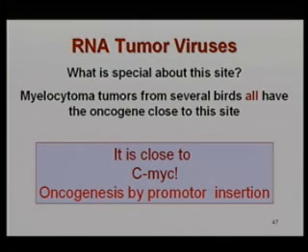But in this case, that super promoter is being inserted and taking over the control of this rather benign gene that you need for your development, for your DNA replication, as you are growing up from being a fertilized cell into what you are now, and switching it on so that cells actually start to divide. And this is referred to as oncogenesis by promoter insertion.